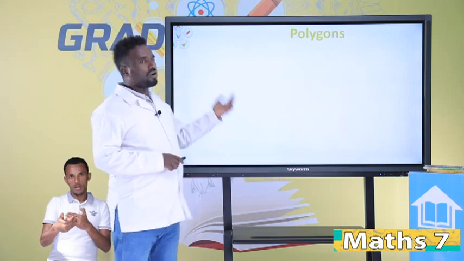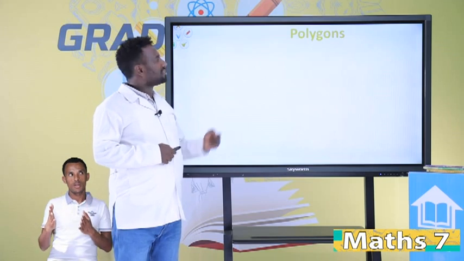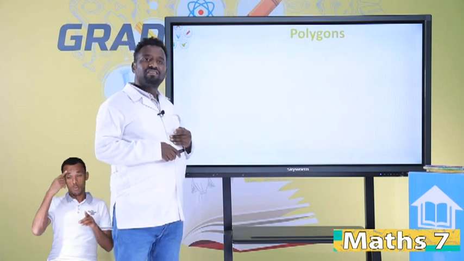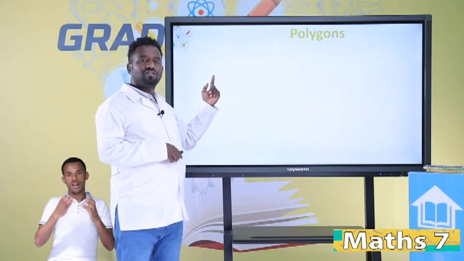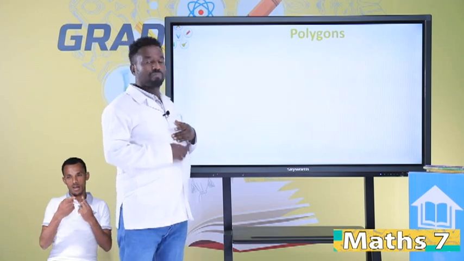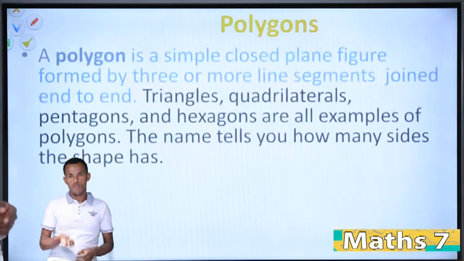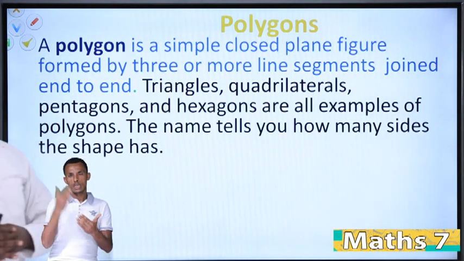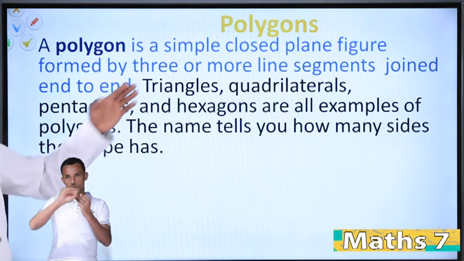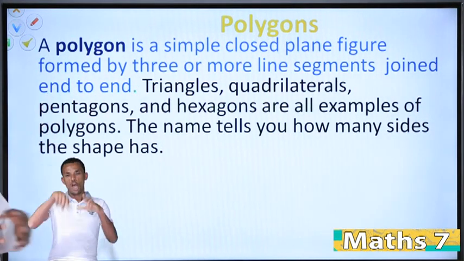Next, polygon. Students, do you remember from the last grade, what does polygon mean? A polygon is a simple closed plane figure formed by three or more line segments joined end to end.